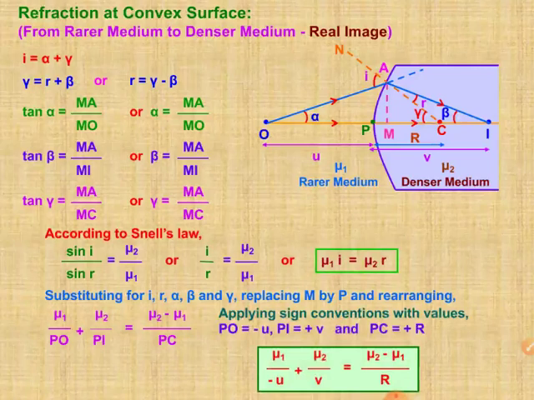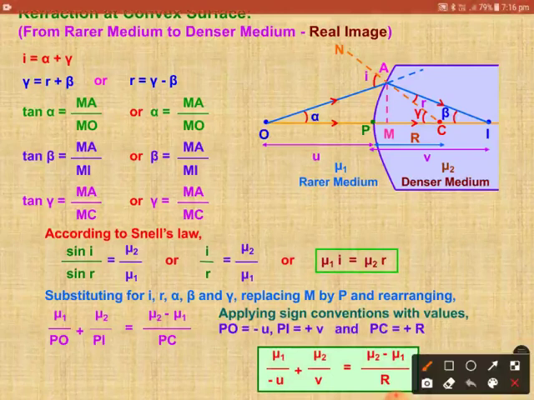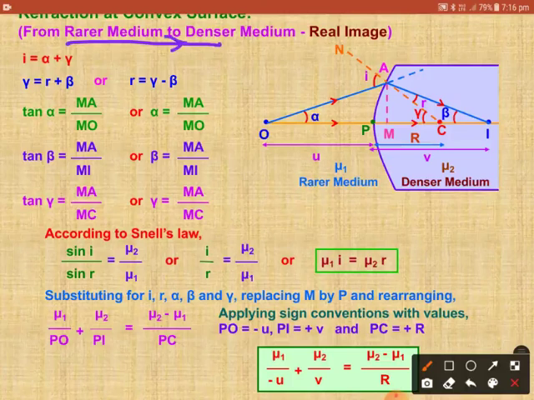I will tell you one mnemonic for this, and these mnemonics will be used all over the refraction that we are going to discuss now. The first thing: think that your refraction is from the rarer to the denser medium.